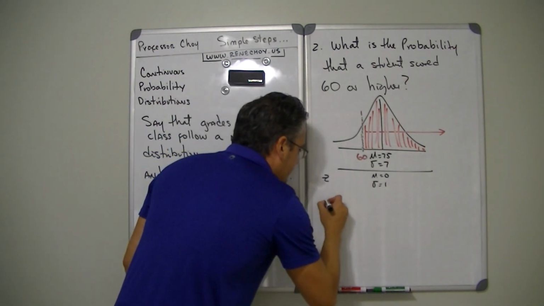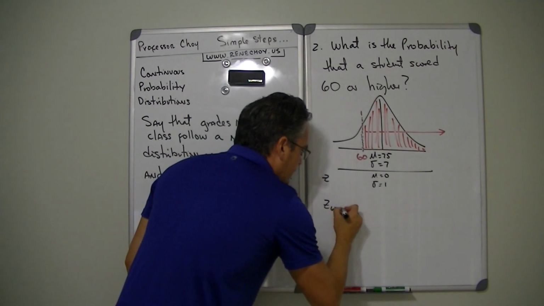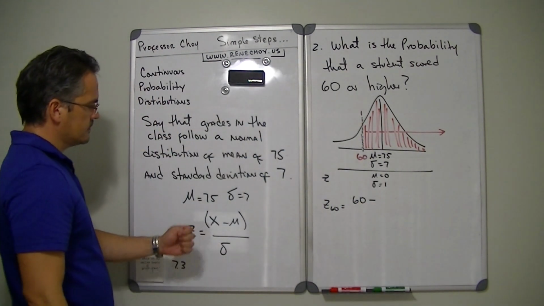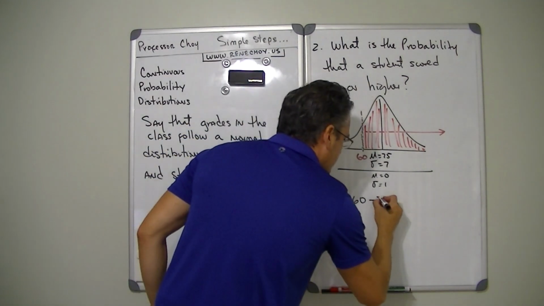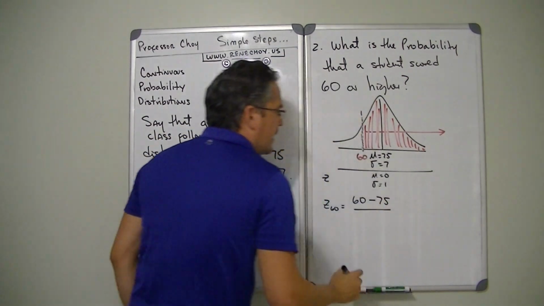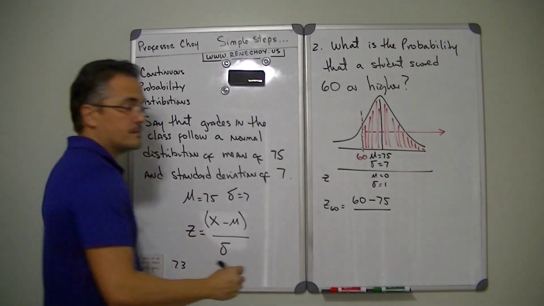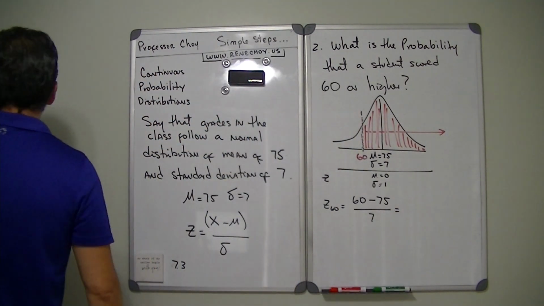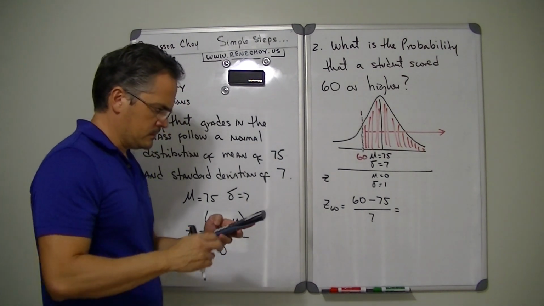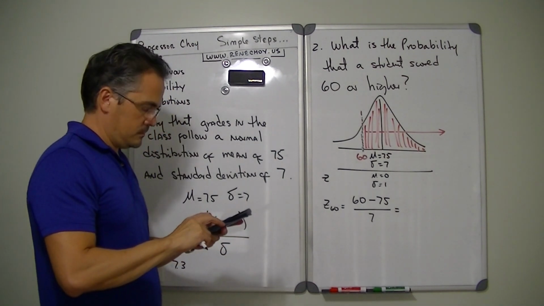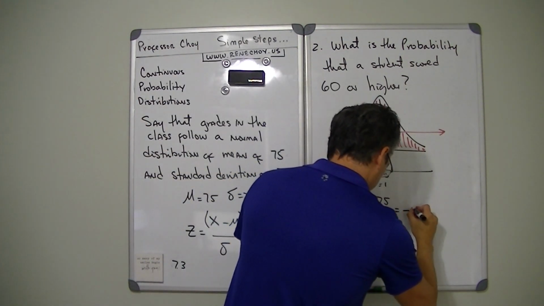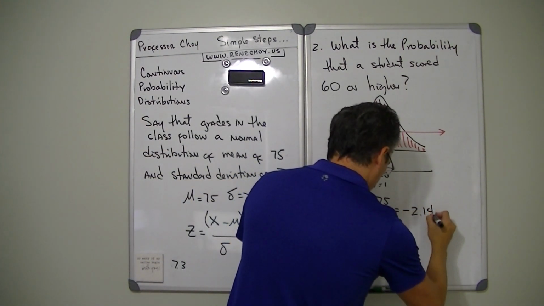So, the z-value of 60 is equal to 60 minus 75 divided by sigma, which is 7. Okay? So we have negative 2.14.